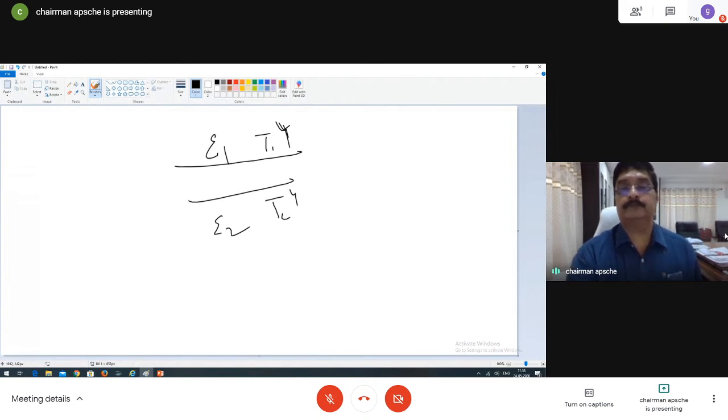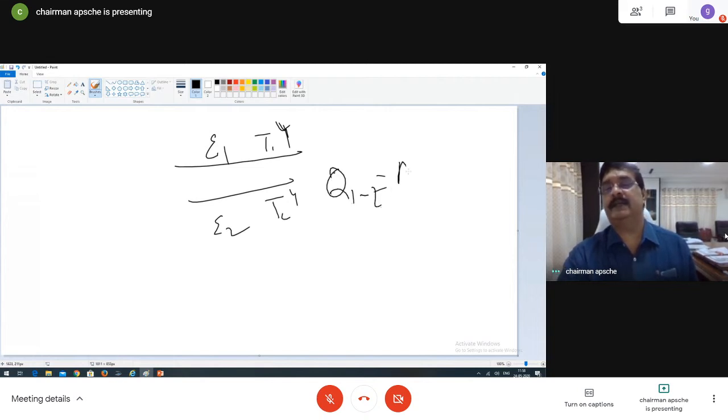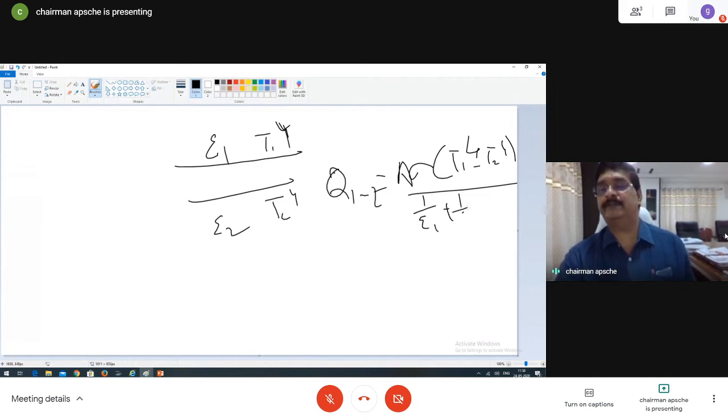Okay. So, what is this equation? Q12 net radiation heat exchange is A sigma (T1 power 4 minus T2 power 4) divided by (1 by epsilon 1 plus 1 by epsilon 2 minus 1). So, epsilon 1, epsilon 2 values you substitute.